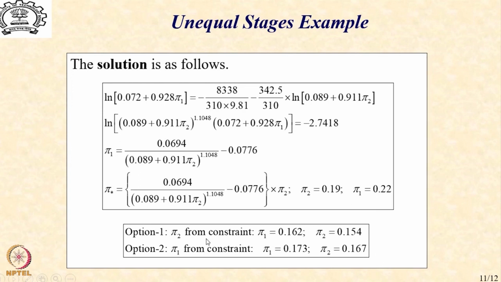In one case, if you get pi 2 in terms of pi 1 as an explicit constraint and then differentiate with respect to pi 1, you are actually ignoring the partial derivative corresponding to pi 2. Whereas in the other case, you are ignoring the partial derivative with respect to pi 1.